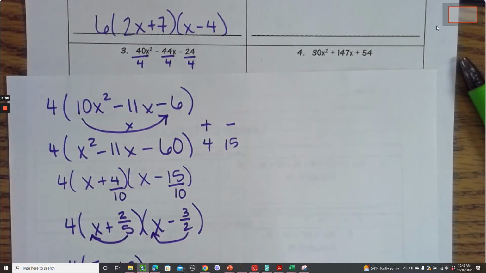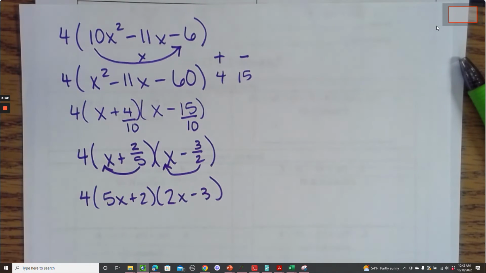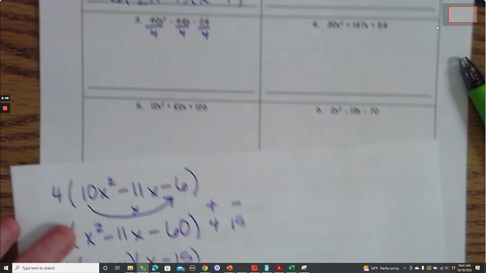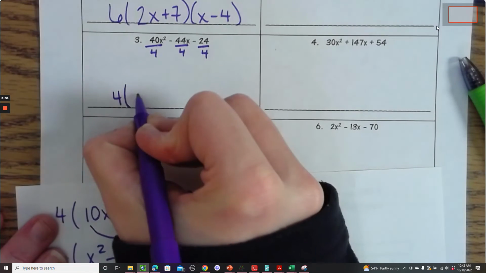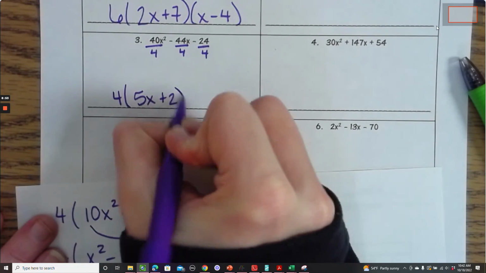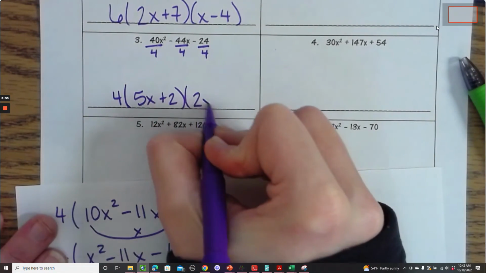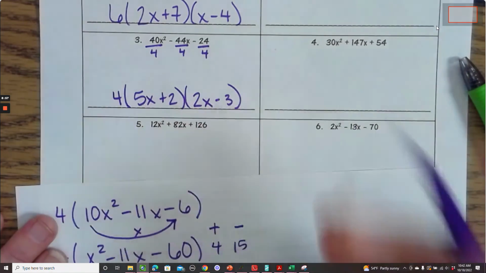That would be 4. And then yeah, don't forget the 4 out front. So 4, 5x plus 2, 2x minus 3.